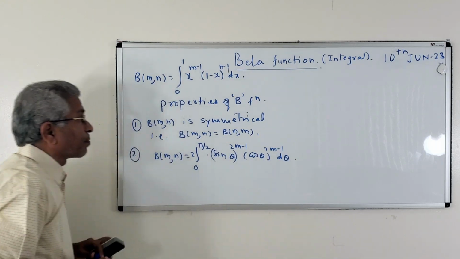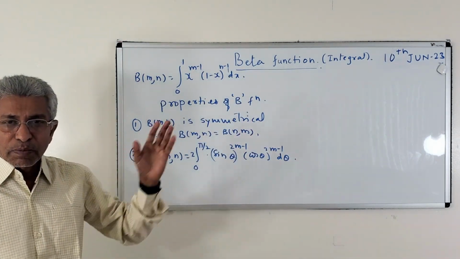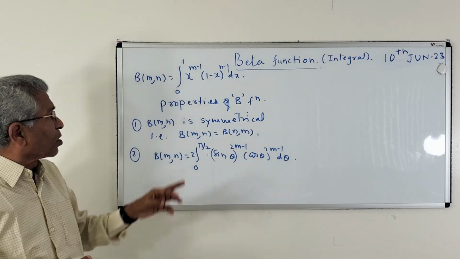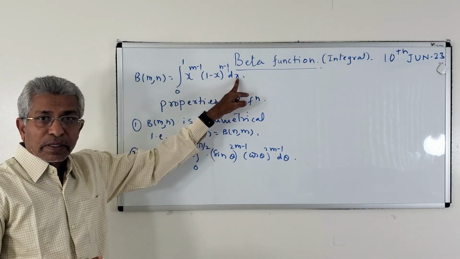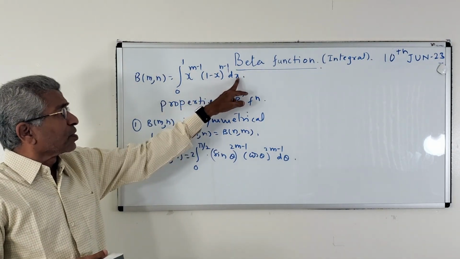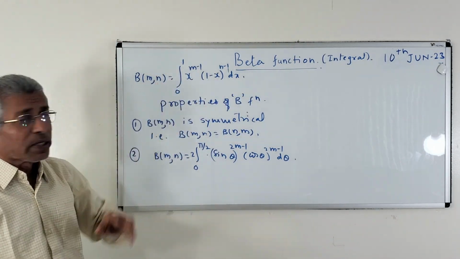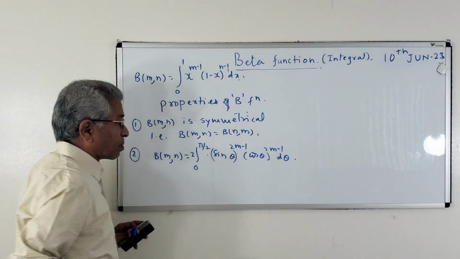Theta is a variable. Here x is a variable, there theta is a variable. And you know one of the properties of the definite integral: the value of the integral depends on the function, not on the variable. The variable of integration is immaterial. The value of the integral depends on the function and the limits of the integral. So here x is a variable, here theta is a variable.